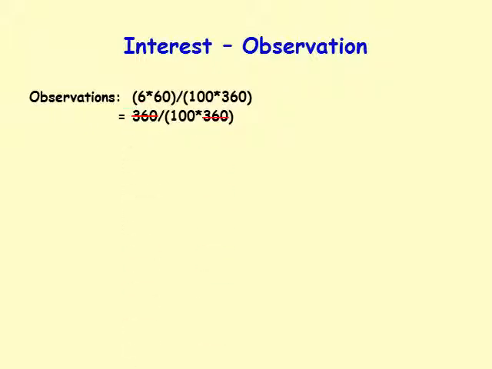Okay, let's see. So cross out 360 in the numerator, I got 1, in the denominator I have 100. So that's 1 divided by 100, which is 0.01, and that means when we multiply this number by something else, we move the decimal place 2 places.